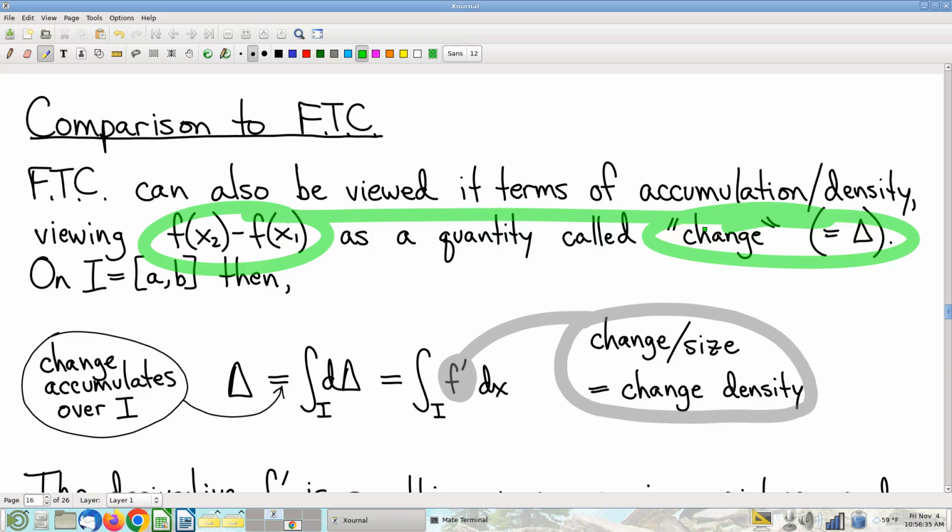Now let's take a pause on that for just a second. This expression, looking at 2 points, x1 and x2, and you want to know between x1 and x2, how much did this expression f change? Well, that's this formula. And if you think about it, of course it accumulates. Let's think about as you grow up, as you get taller, right? Well, you started off at one height, and then one day you were a millimeter taller, maybe? Probably not quite. Tenth of a millimeter?